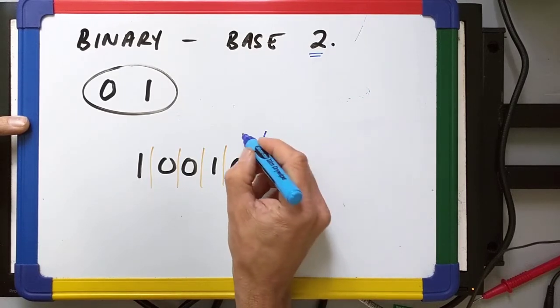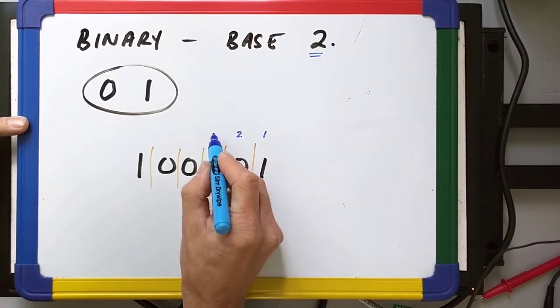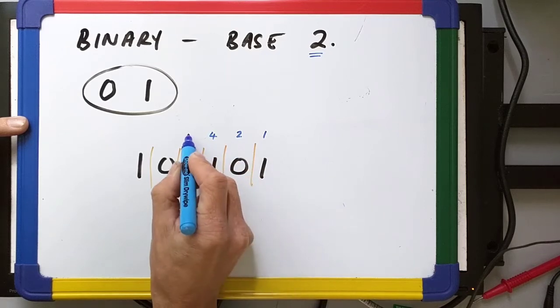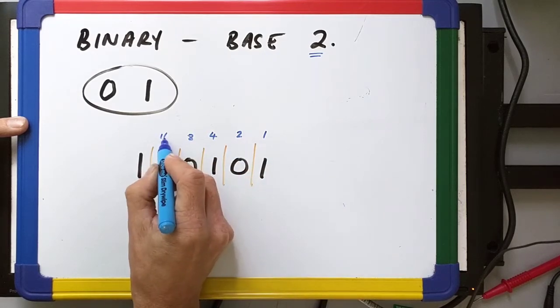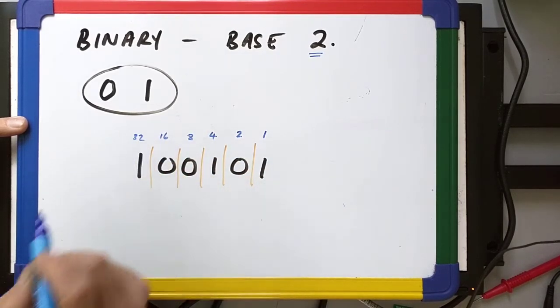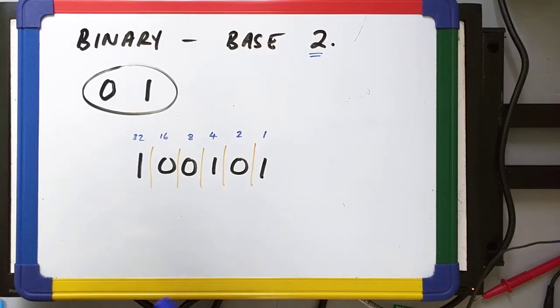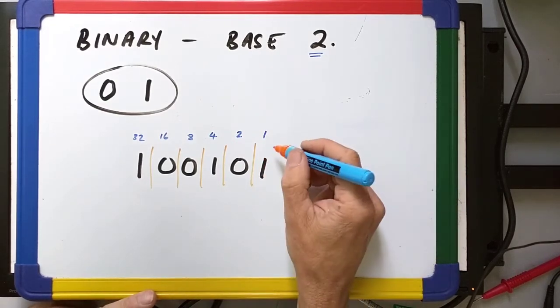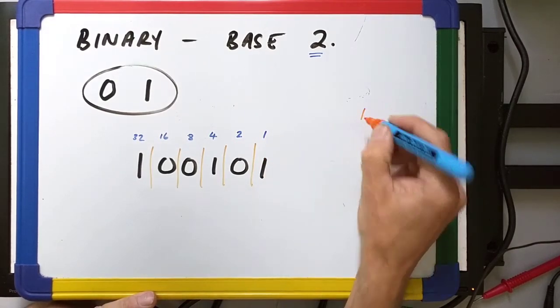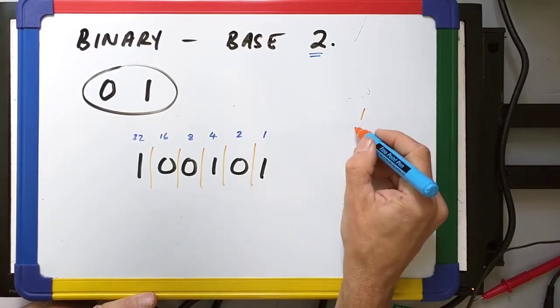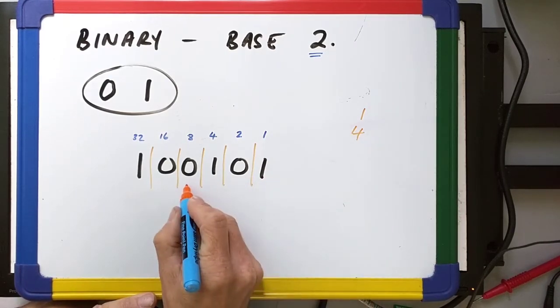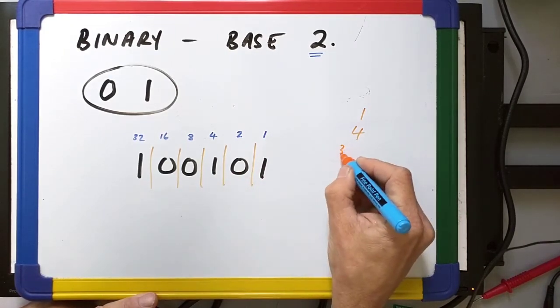So these are 1s, 2s, 4s, 8s, 16s, 32s. Once you understand that, you understand binary, because this is made up same as before. We've got a 1, no 2s, a 4, no 8s, no 16s, and a 32.